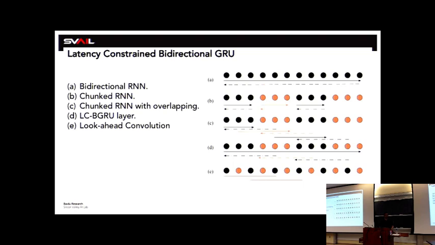But that's not so effective because RNNs typically need some warm-up. You need to unroll them a few time steps before the statistics of the RNN become more stable. Okay, so then what you could do is do what's in figure C. Figure C is basically the same as chunking, except the chunks are now overlapped.